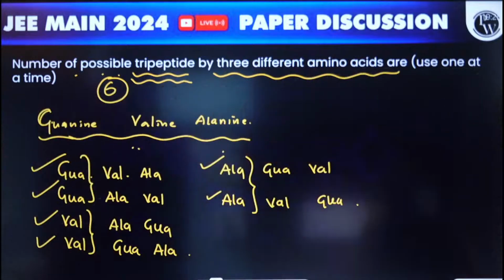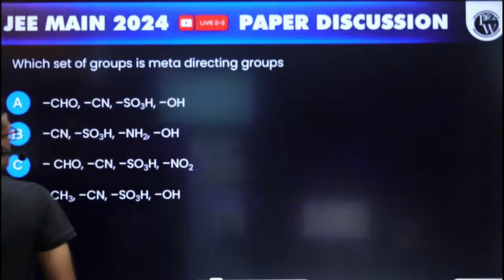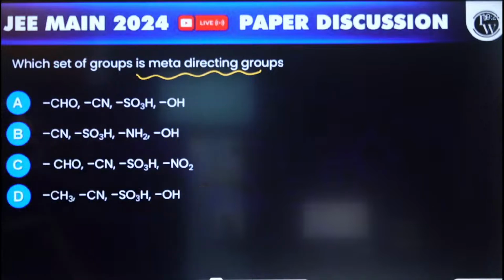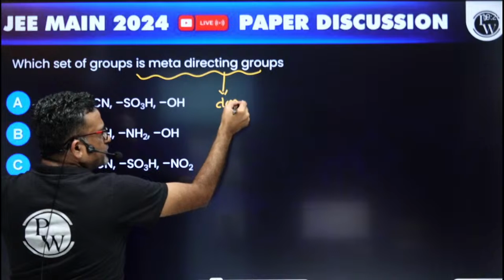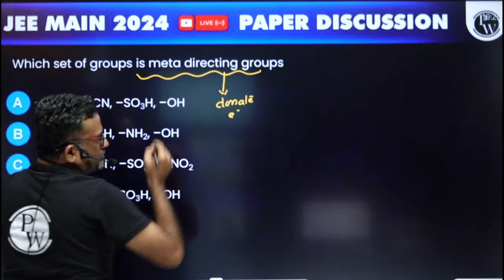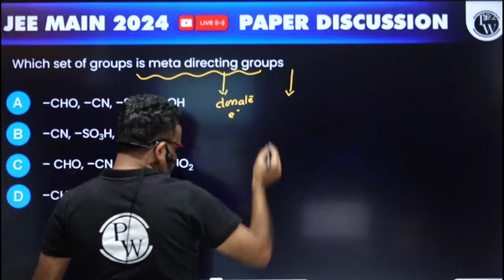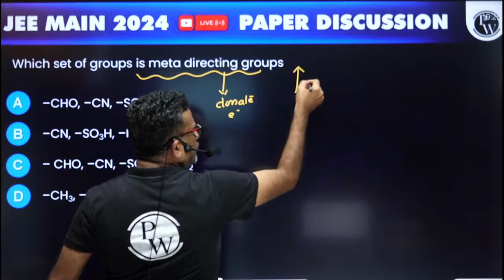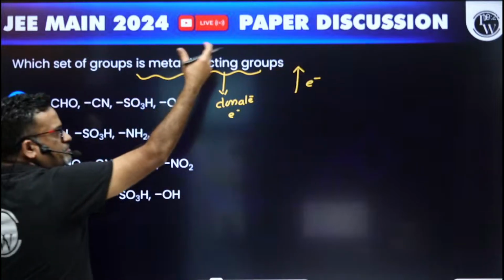Is that clear? Right. Which set of groups is meta-directing? Ortho and para-directing groups are those which donate electrons to the benzene ring. If it is meta-directing, it should pull the electrons from the ortho and para positions, and hence automatically it becomes meta-directing.